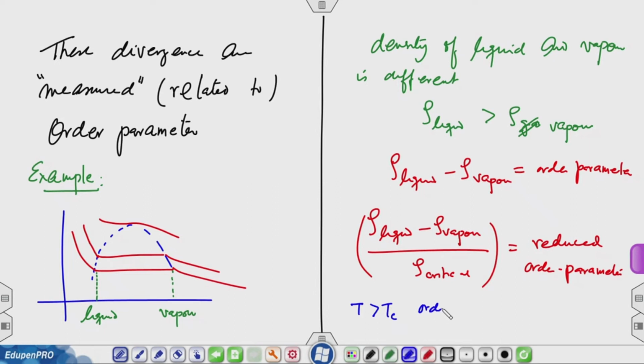So, order parameter is equal to 0, and for T less than Tc, rho liquid is greater than rho vapor. So, order parameter is greater than 0. So, order parameter changes across the critical point.